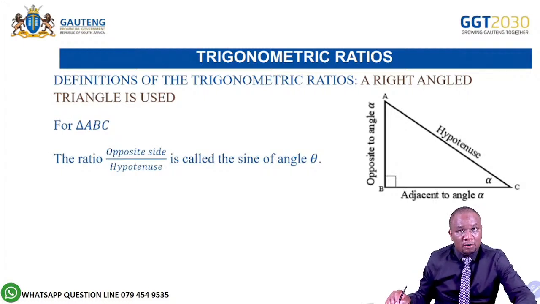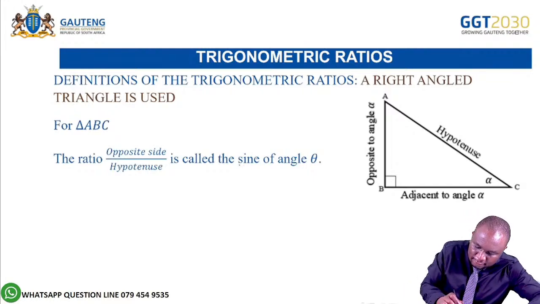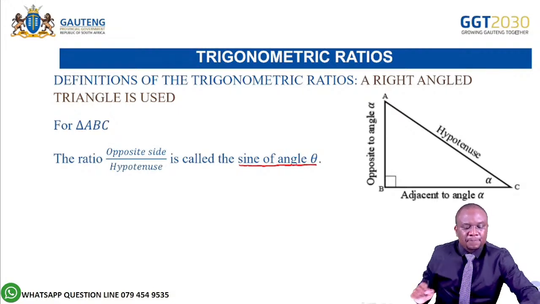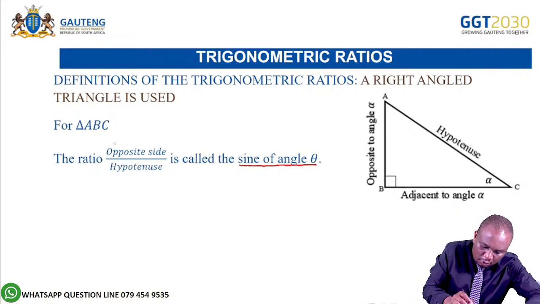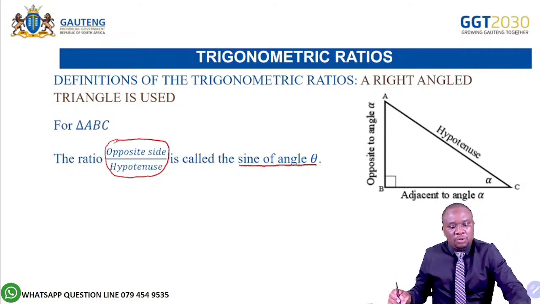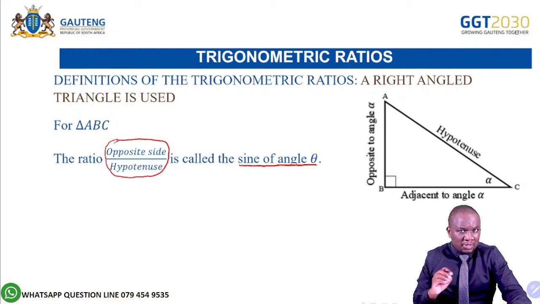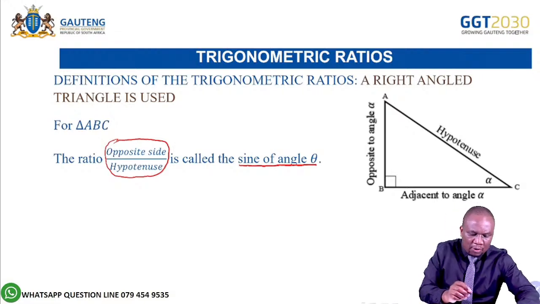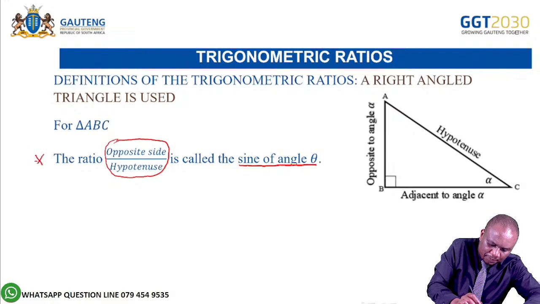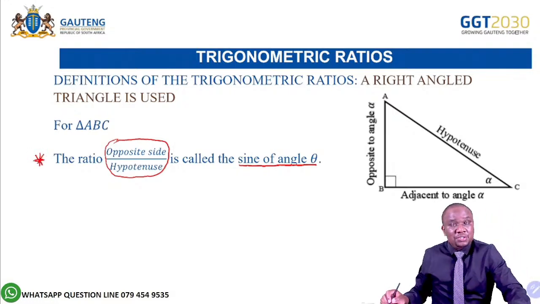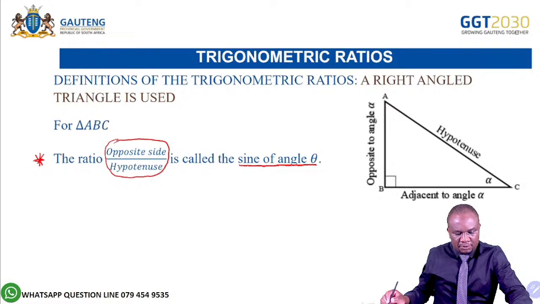The ratio opposite side over hypotenuse is called the sine of angle theta. I'm going to be giving 1 minute for each statement. Now I want you to write just this part. 1 minute for that.